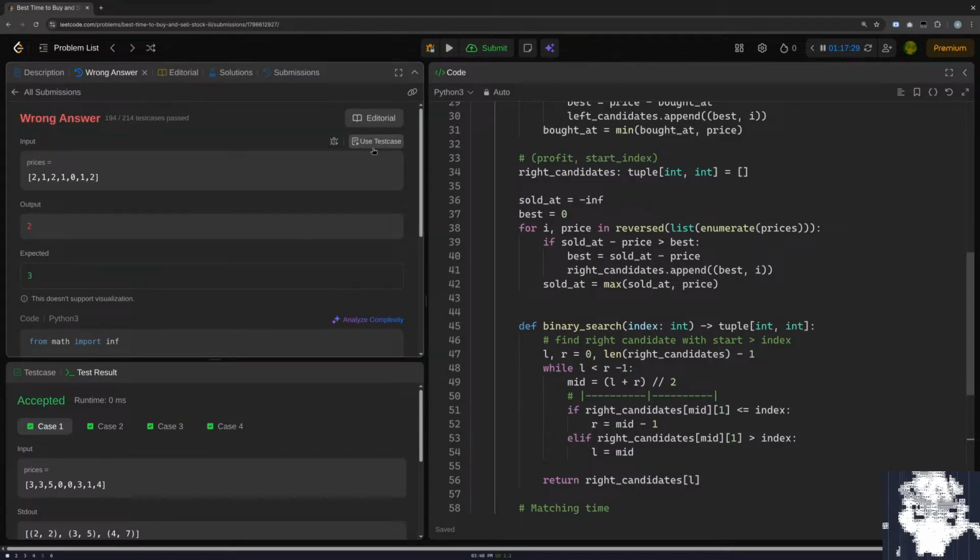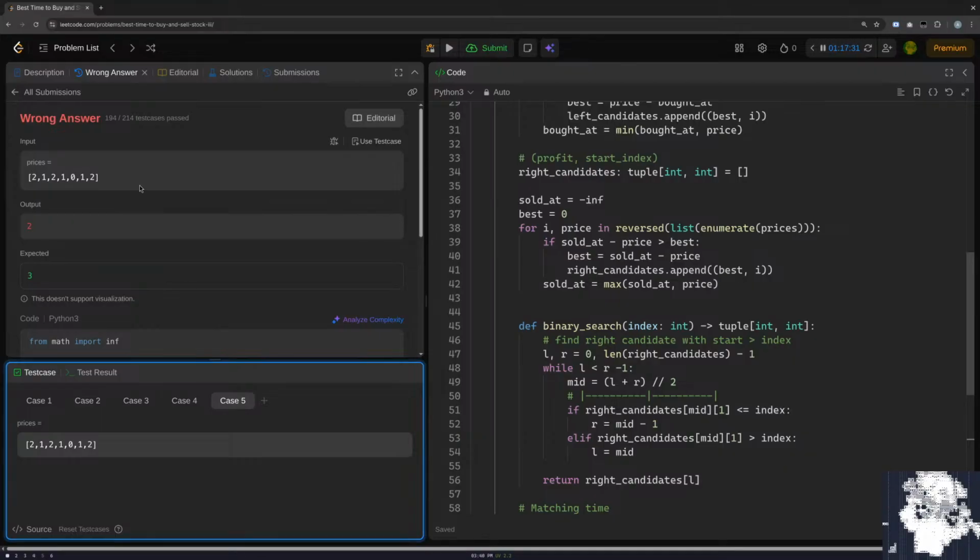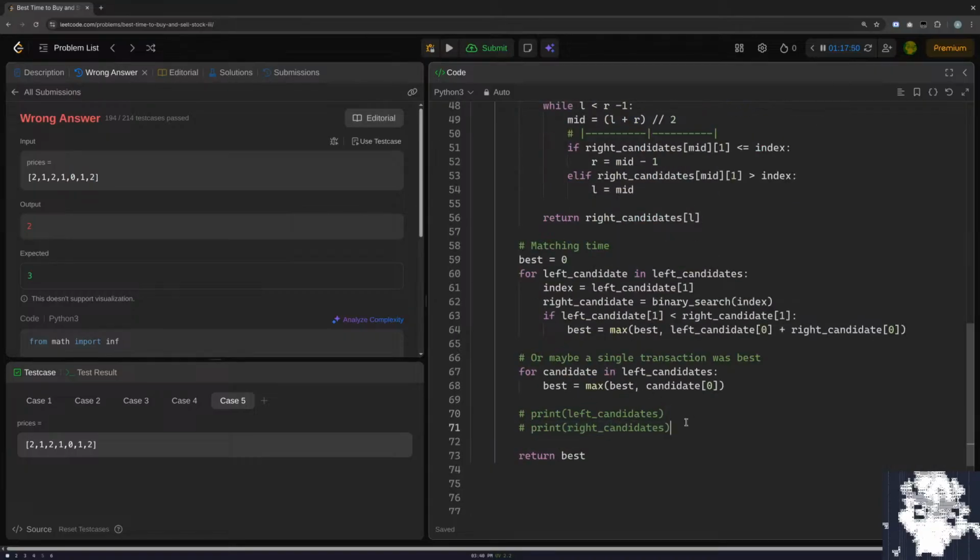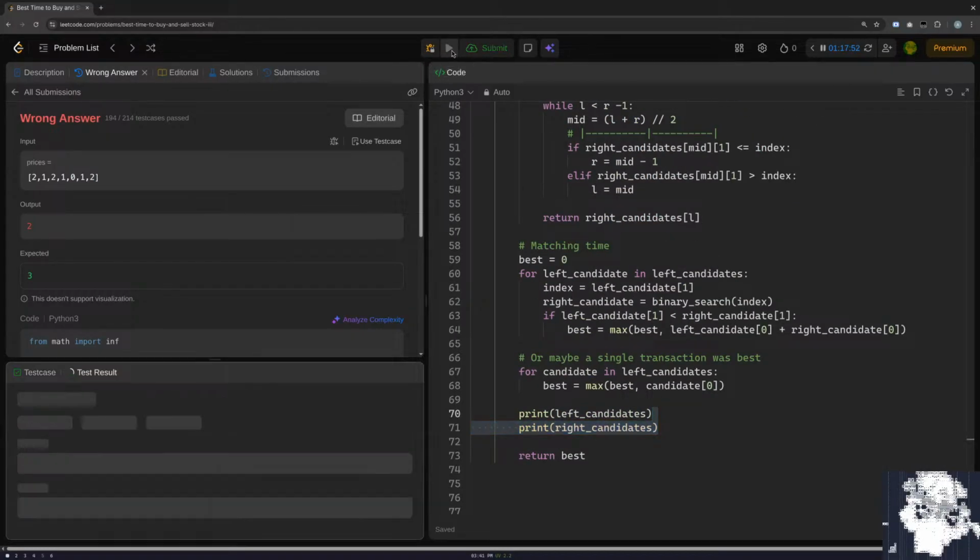We're getting closer. So for this test case, the best answer is going to be buy here, sell here, buy here, sell here. This one's going to give you a profit of 3. 1 for this, 1 for this. What are our left and right candidates?